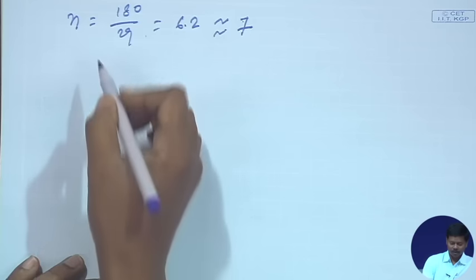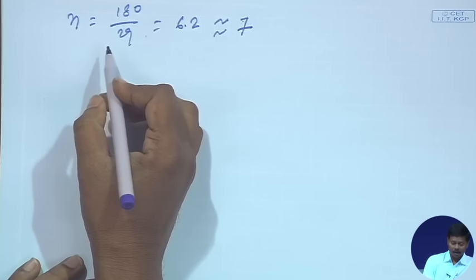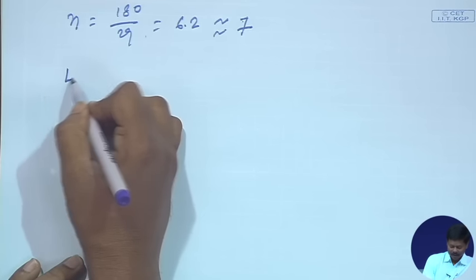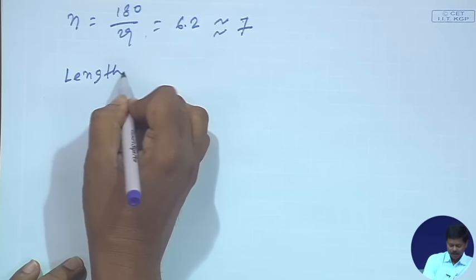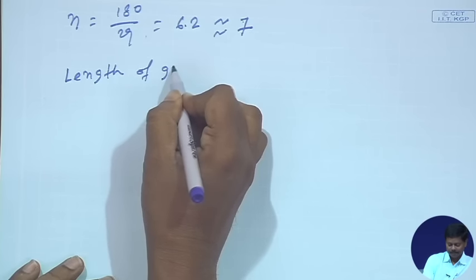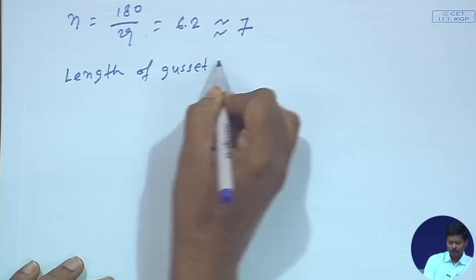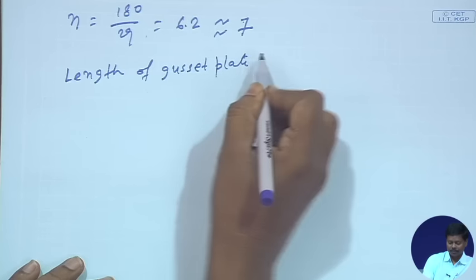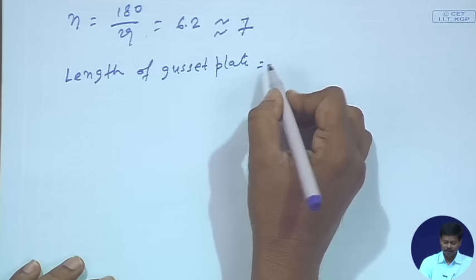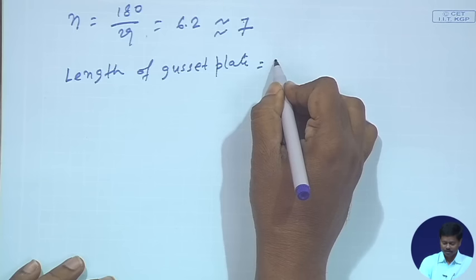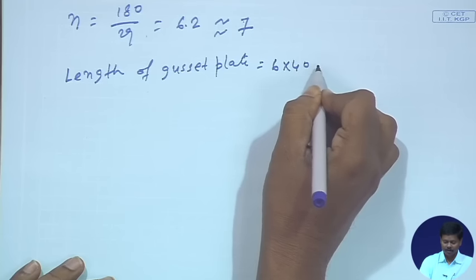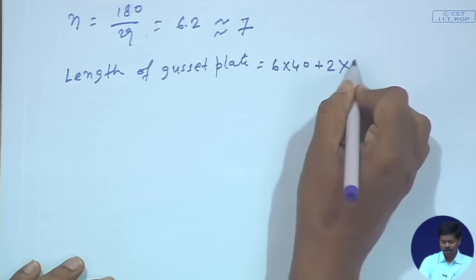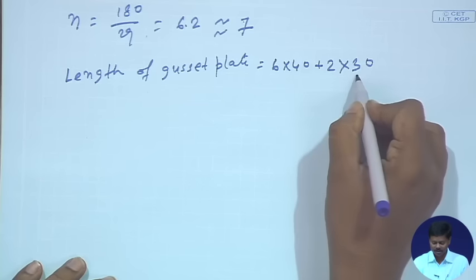If 7 number of bolts are required, then the length of gusset plate, that we have to find out. So, this will become 6 into 40, because pitch distance is 40, plus 2 into 30, edge distance is 30.